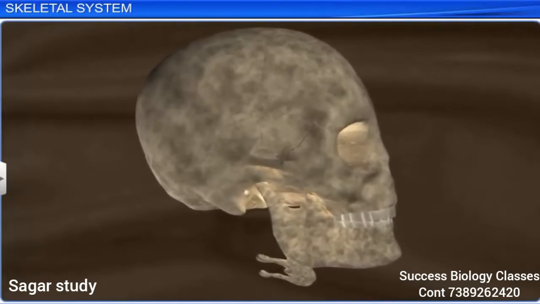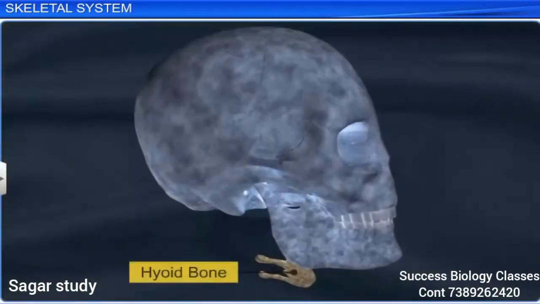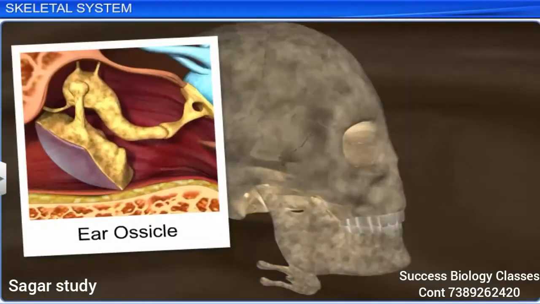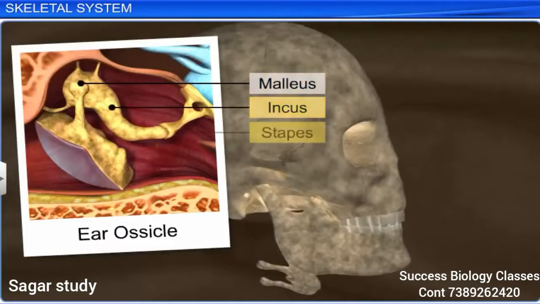The skull also includes a U-shaped hyoid bone and two ear ossicles, one on either side. Each ear ossicle consists of three tiny bones: malleus, incus, and stapes.